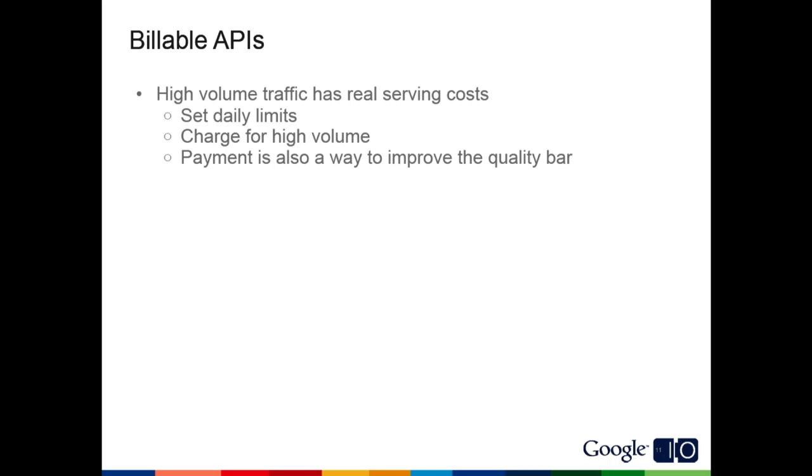Now, lastly, billable APIs. When there are large sites out there querying Google, they do and will eventually incur real serving costs to us. And well, there's two real ways for dealing with this. One is, as I've mentioned, you set limits. The other one is you do the obvious business thing and you start charging for Google's costs.